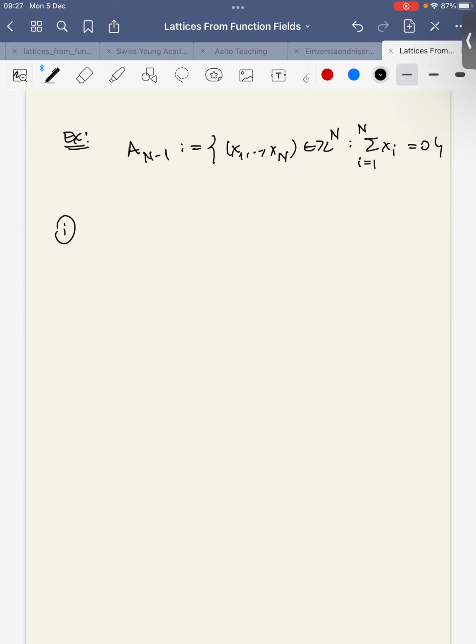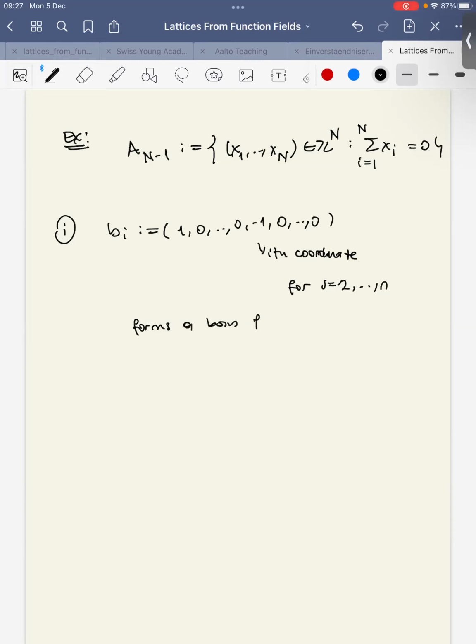And here we can note that the vectors b_i, which start with 1 and -1 positioned at the ith coordinate, form a basis for A_{n-1}, because any vector inside of it can be written as a combination of x_i times b_i.